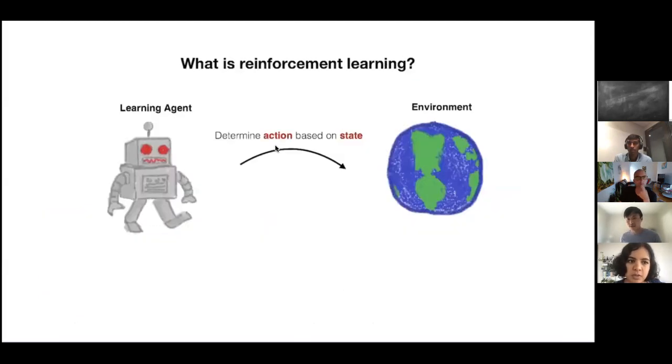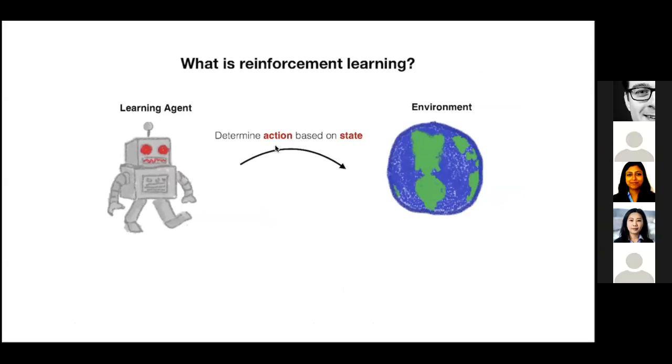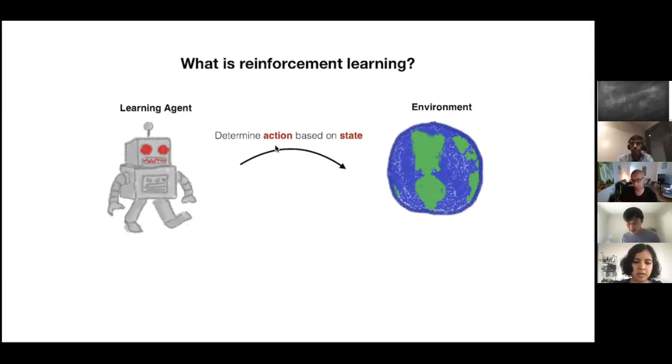So what is reinforcement learning? We can abstract reinforcement learning into a 2-player environment. We have a learning agent and an environment. The learning agent looks at the environment, and based on the state of the environment, determines an action and sends the action to the environment.